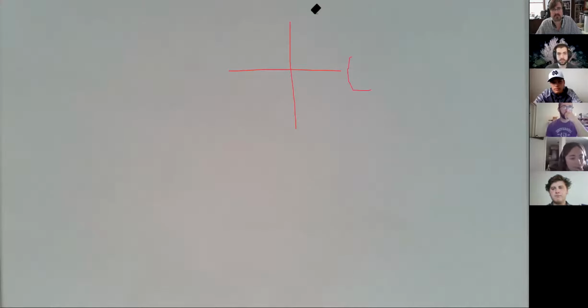Somebody's brave. Holy cow, that is a giant T. Is that supposed to be an S? I don't know what that is. Here, let me help.